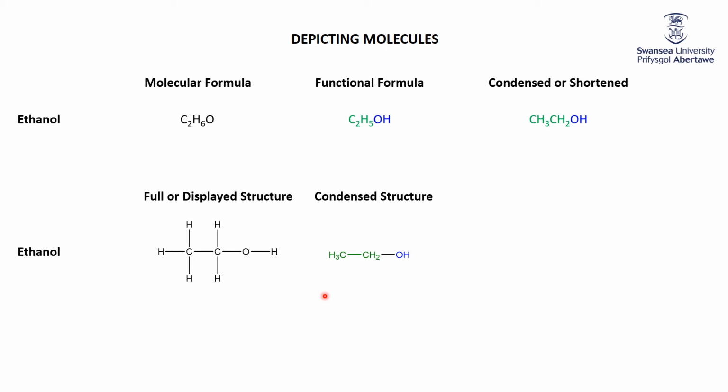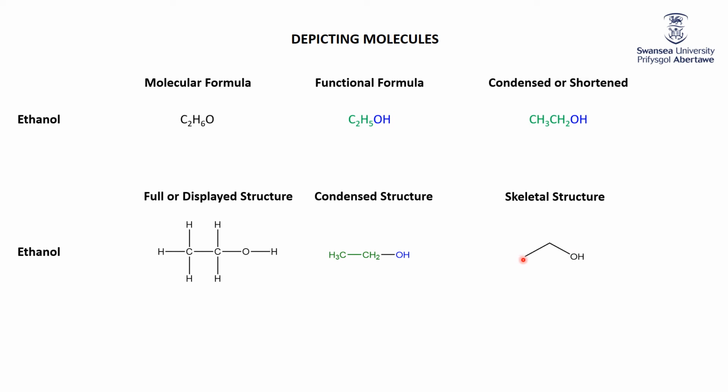And of course, the ultimate in brevity that you will see an awful lot, and I'll use it quite a bit, but I will actually dip in between all of these except that one, depending upon what I need to show you. But the really shortest way you can give all the detail you want is the skeletal structure that would look like this. Now I trust you've seen this before. Essentially every end bit or junction bit refers to a carbon atom, unless there's an end bit that's got a functional group on it there.